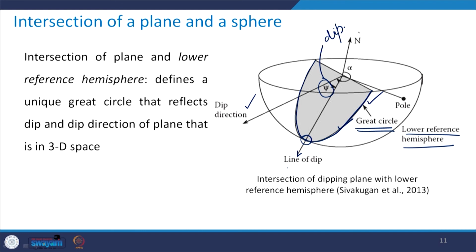If this is the north direction, then in the clockwise direction you move up to the dip direction, and whatever is the angle, you follow this arrow. Whatever is this angle, that is given by the dip direction. Okay. So, that is your dip and dip direction of the intersection of the plane and a sphere.